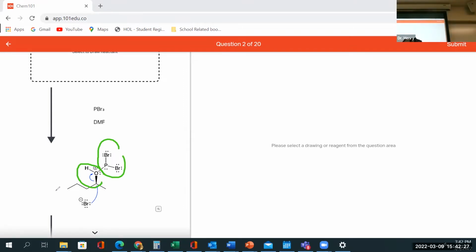An alkane would just be a hydrocarbon, single bonded. But where are you getting your oxygen from in that case? Do you understand what I'm saying? So let's go to the drawing structure.